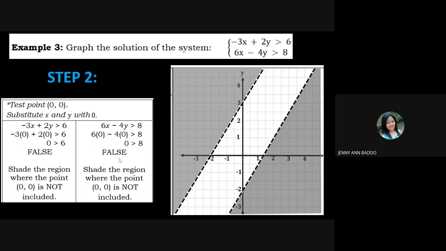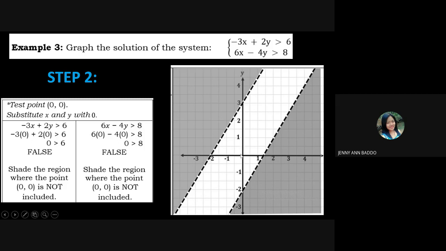So shading the region where the point 0, 0 is not included, we now have here the graph of the given two linear inequalities. So for negative 3x plus 2y is greater than 6, we have this line.